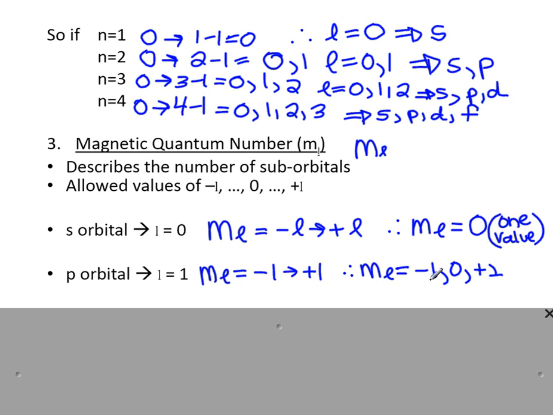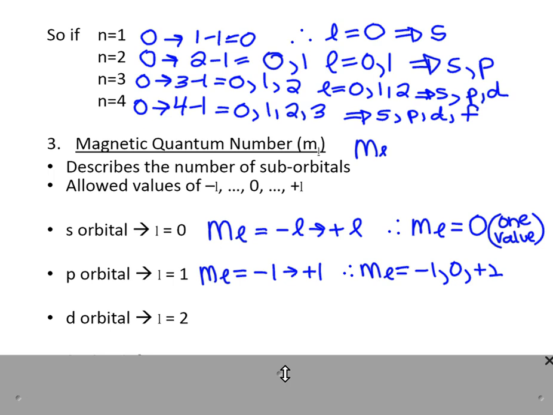So here I've got 1, 2, 3 values for my ML. 3 values for 3 suborbitals. How many different p orbitals are there? X, Y, Z. One of these is X, one of these is Y, one of these is Z.